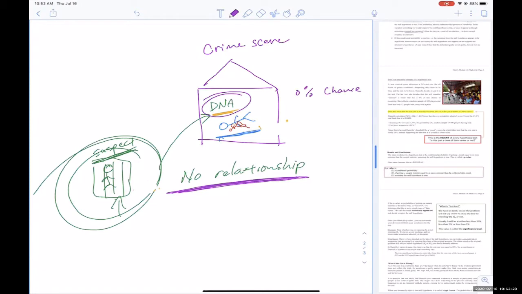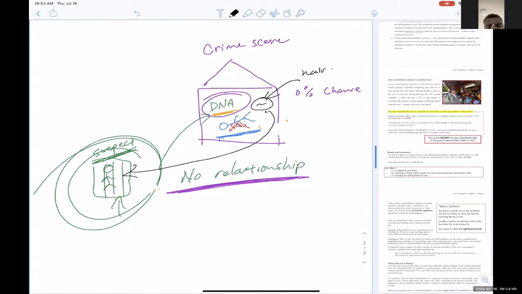Then the investigator goes in, and they actually discover there was a little hair. It turns out that this hair belongs to the suspect. How significant is that finding?